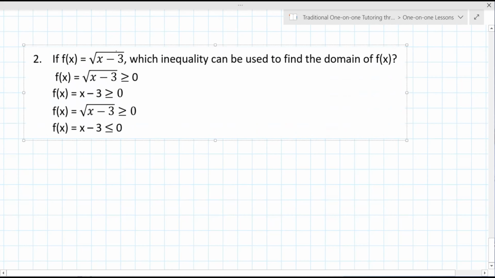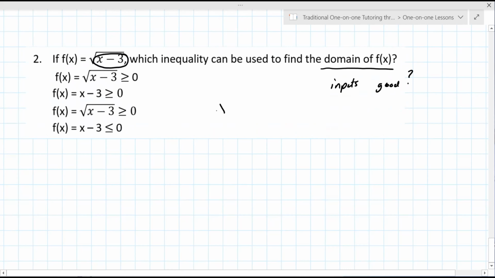So it says, here's a function. What can you do to find the domain? The domain is the input values, like what inputs are good. And to answer this, the way that I show this is that it's the part under the root. The part under the root has to be greater than or equal to 0.